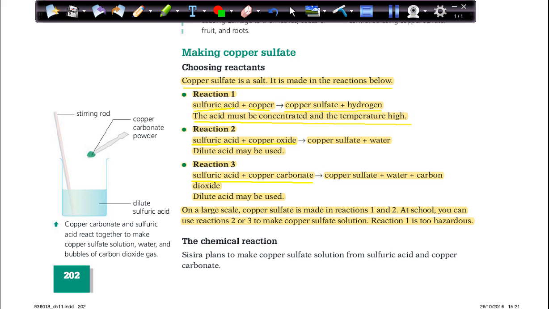So I need you to think about this and give me your answers. Why should we use concentrated acid and a high temperature? Reaction 2: sulfuric acid plus copper oxide gives us copper sulfate plus water.